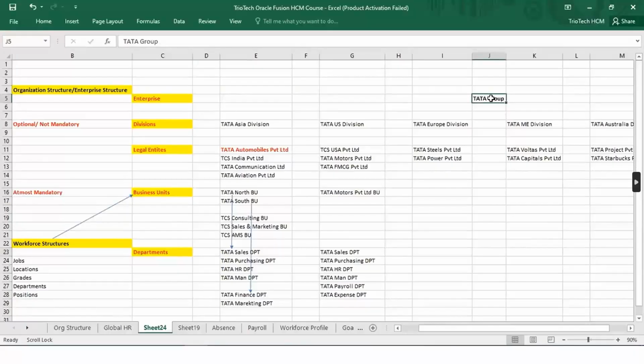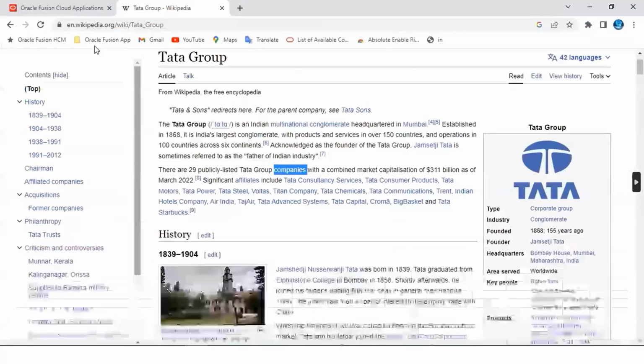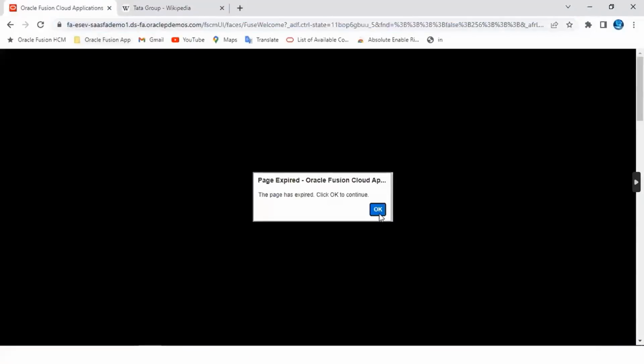We don't have the scope to define multiple enterprises in the Fusion application. At any point of time, in the application, you can configure only one enterprise in the system.